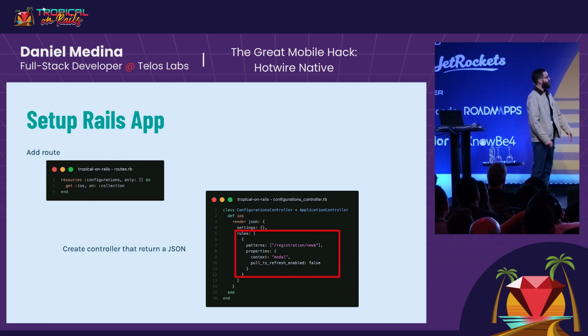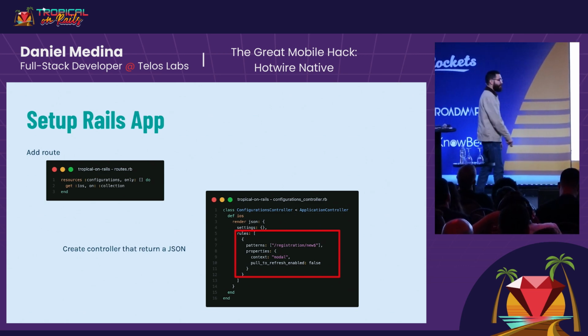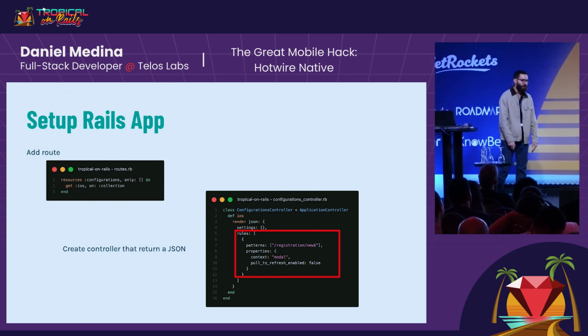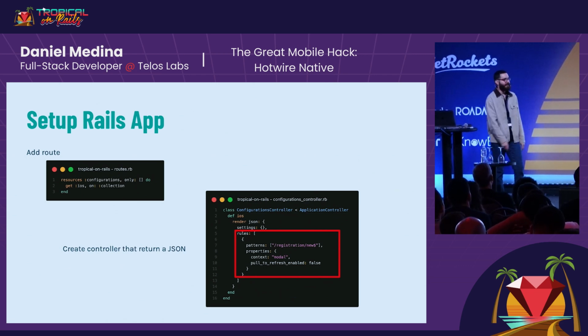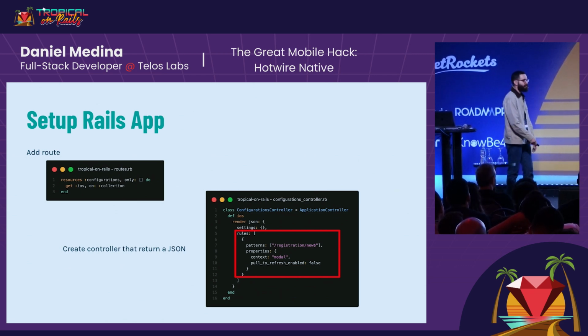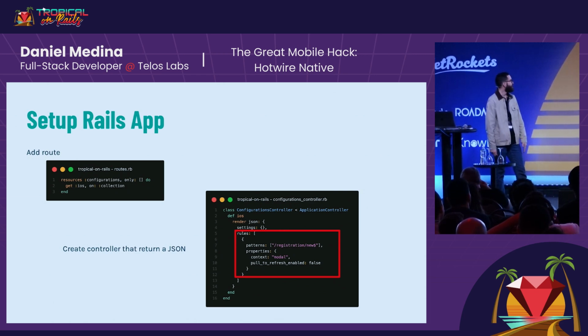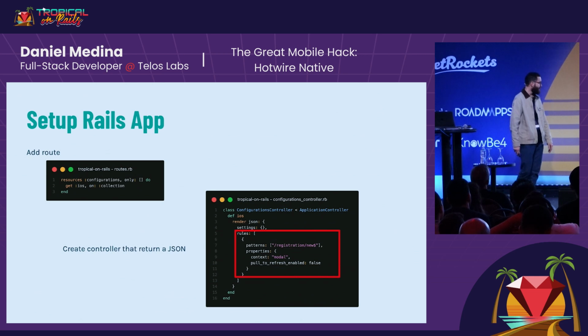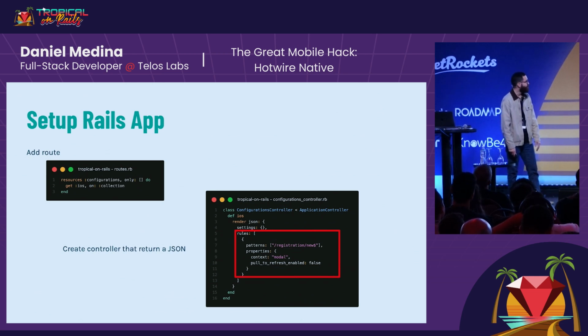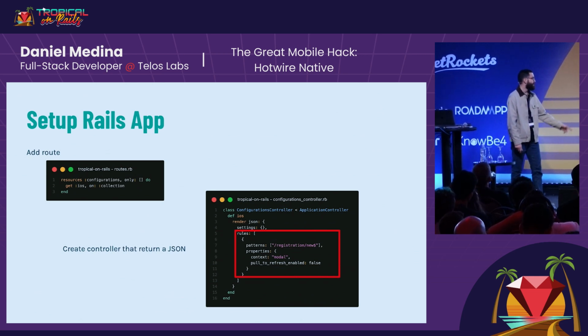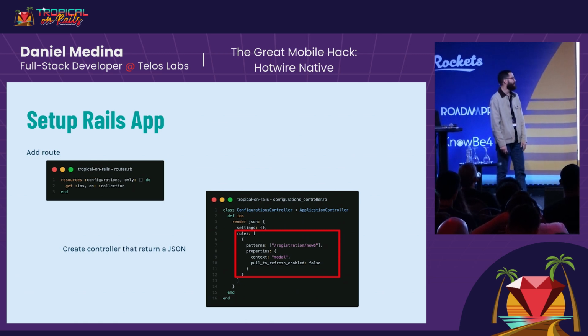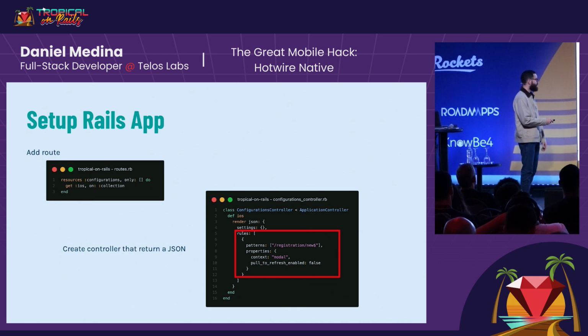So how do we set up the path configuration? Well, first of all, we're going to need an endpoint that returns a JSON. So we basically add a route. I call it configuration. And I create the configuration controller that returns JSON. As I said before, the settings part we will not be using, but the rules.